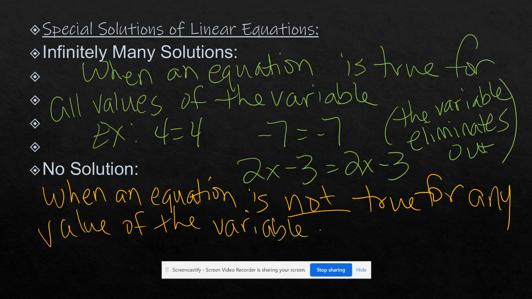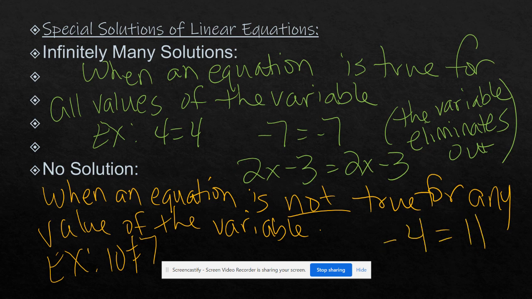So what that would look like is 10 is equal to 7. 10 is equal to 7 is not true. So that doesn't work. -4 is equal to 11. That is not true. So there is no solution.